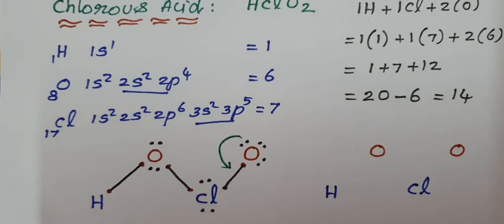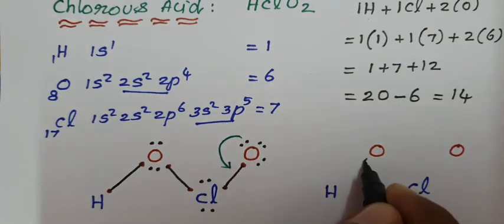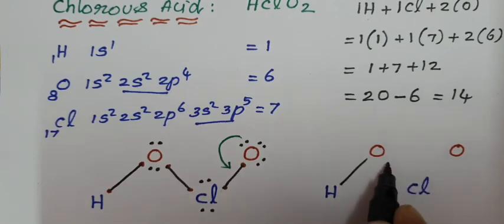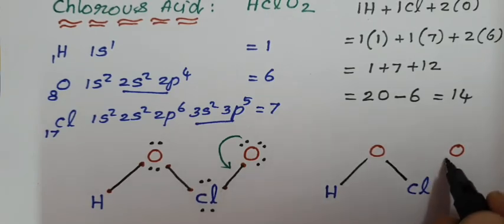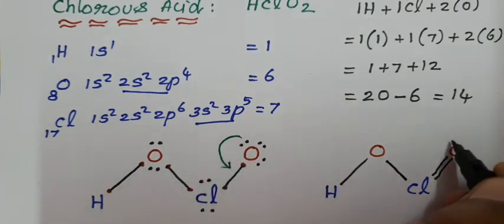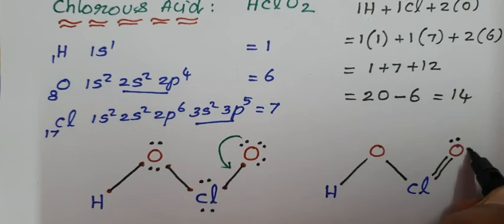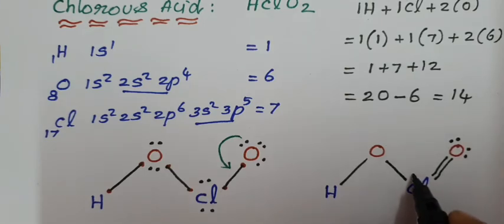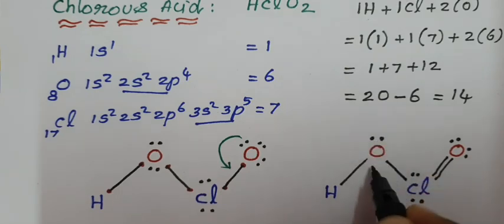Join all the atoms. 1 double bond is also formed. Here you have 1 single bond, 1 single bond. Which bond is formed here? A double bond is formed between chlorine and oxygen. Now fill in the electrons also. 1 lone pair is converted into a bond pair, therefore the remaining 2 lone pairs on this oxygen, 2 lone pairs on this chlorine, 2 lone pairs on this oxygen.